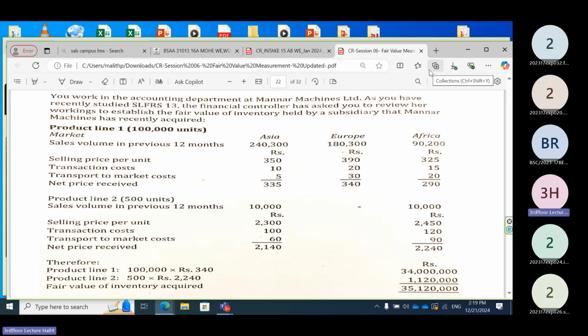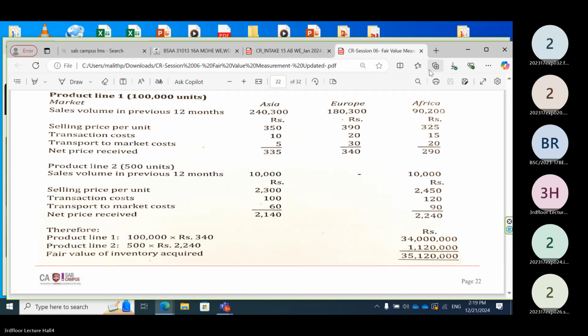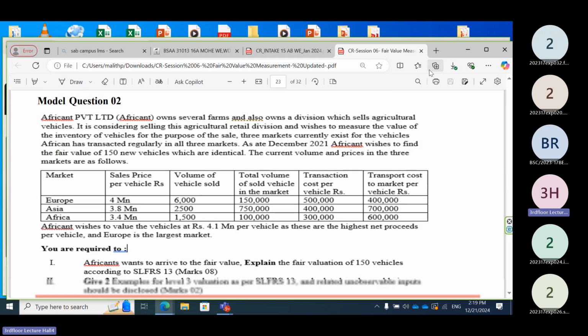The level 2 valuation. Here we are not discussing an active market, right? Just a market. I hope you are clear.